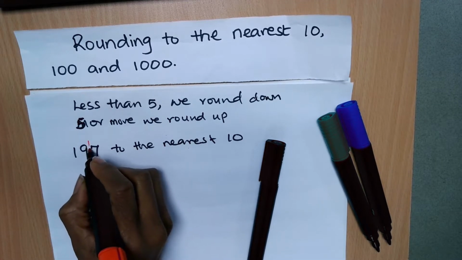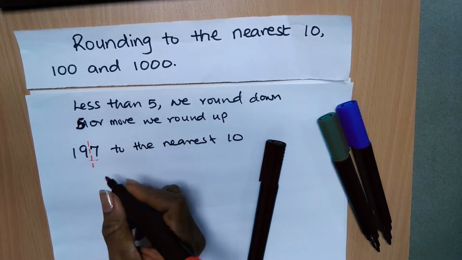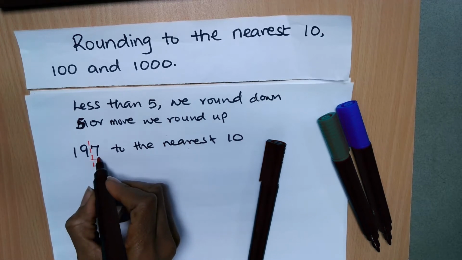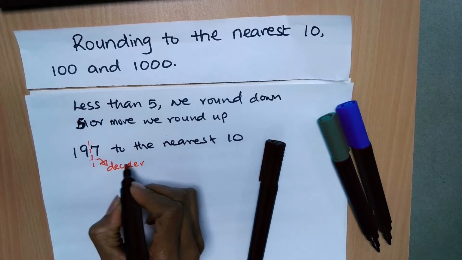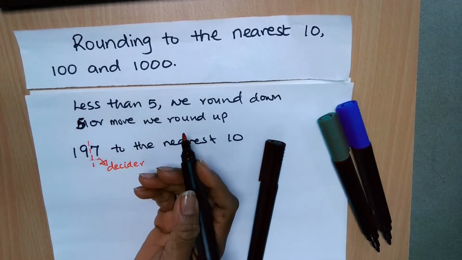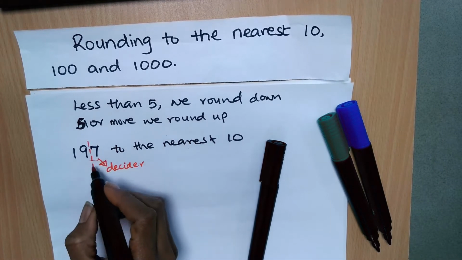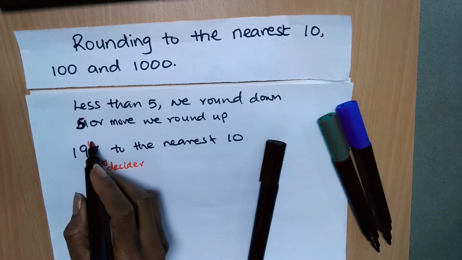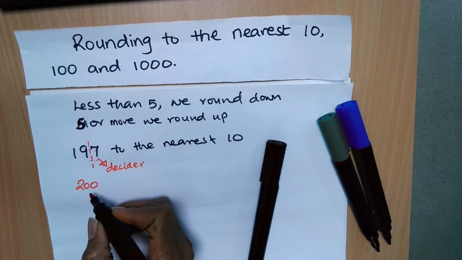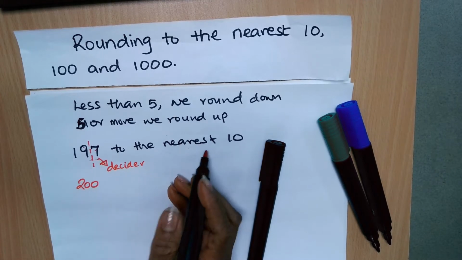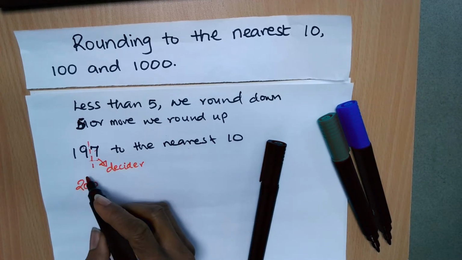So I'm going to put my line here to the nearest 10. So number 7 becomes my decider. We check if number 7 is less or more than 5. It is more than 5, so we're rounding up. If we round up, we're going to get 200. So 200 to the nearest 10 is the answer.